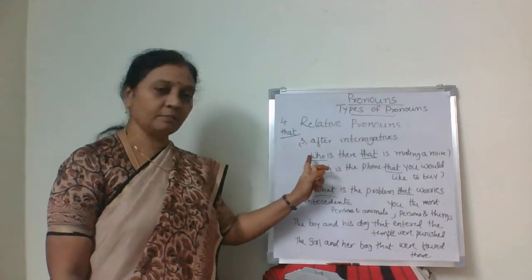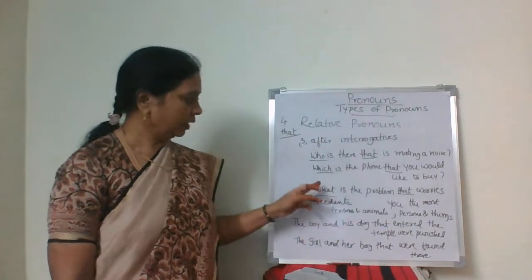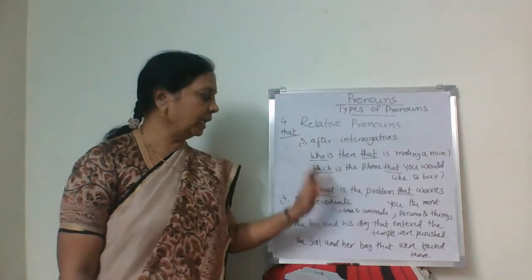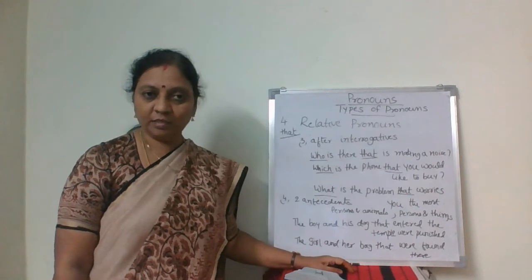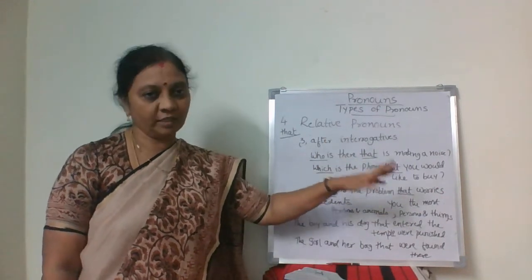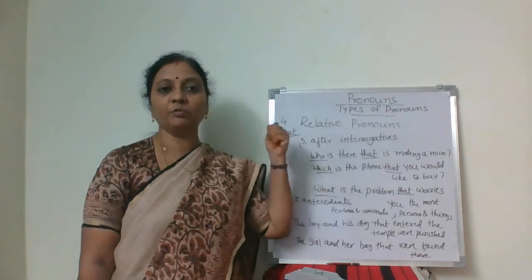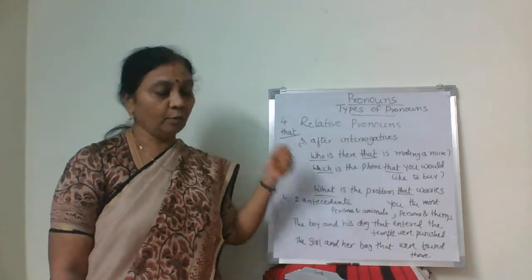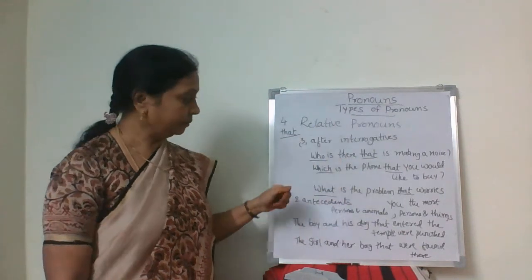Again, you can't say here, who is the boy which is making noise, or who is the boy who is making noise. We cannot use that, isn't it? That's why in such cases, with interrogatives, you have to use that. Who is the boy that is making a noise there?